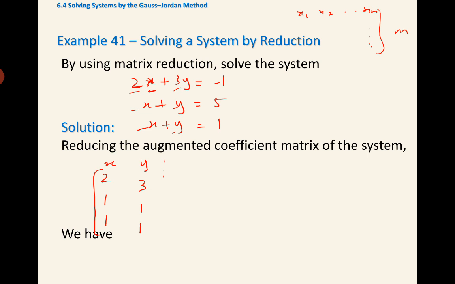And of course x and y are separated from the constants by a line; it's a matrix called the augmented matrix. We collect the right-hand side constants, so -1, 5 and 1, all called B, isn't it?